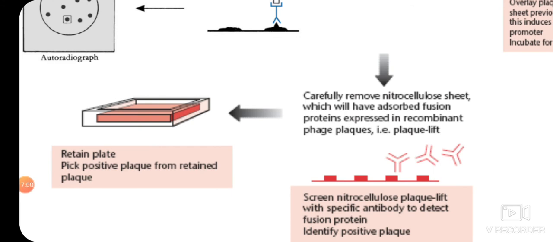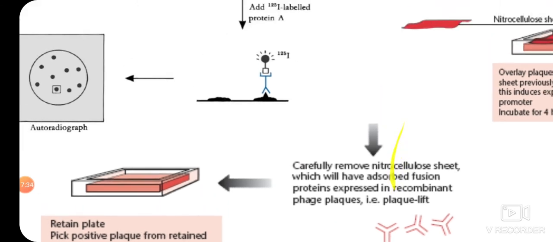Then the nitrocellulose membrane can be used for a chemical reaction, either for autoradiography, or for enzyme labeling where we use specific substrates which form a color at that position, or we can use fluorescence if it appears at that position. This can be compared with the master plate, and we can pick the positive plaques, and those positive plaques can be retained.